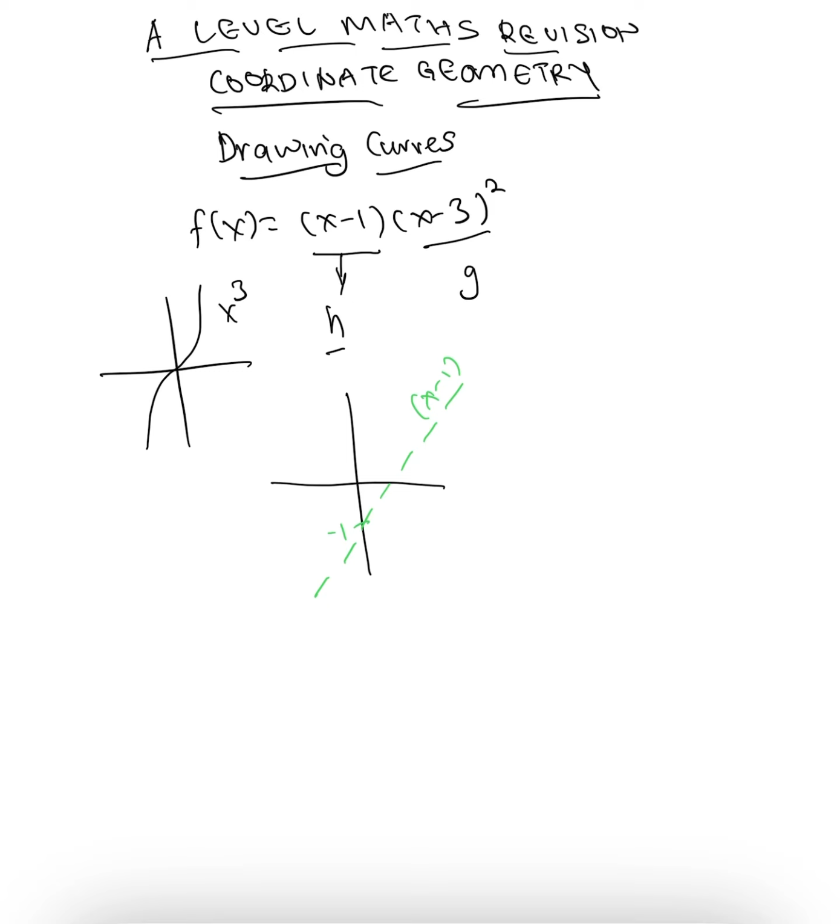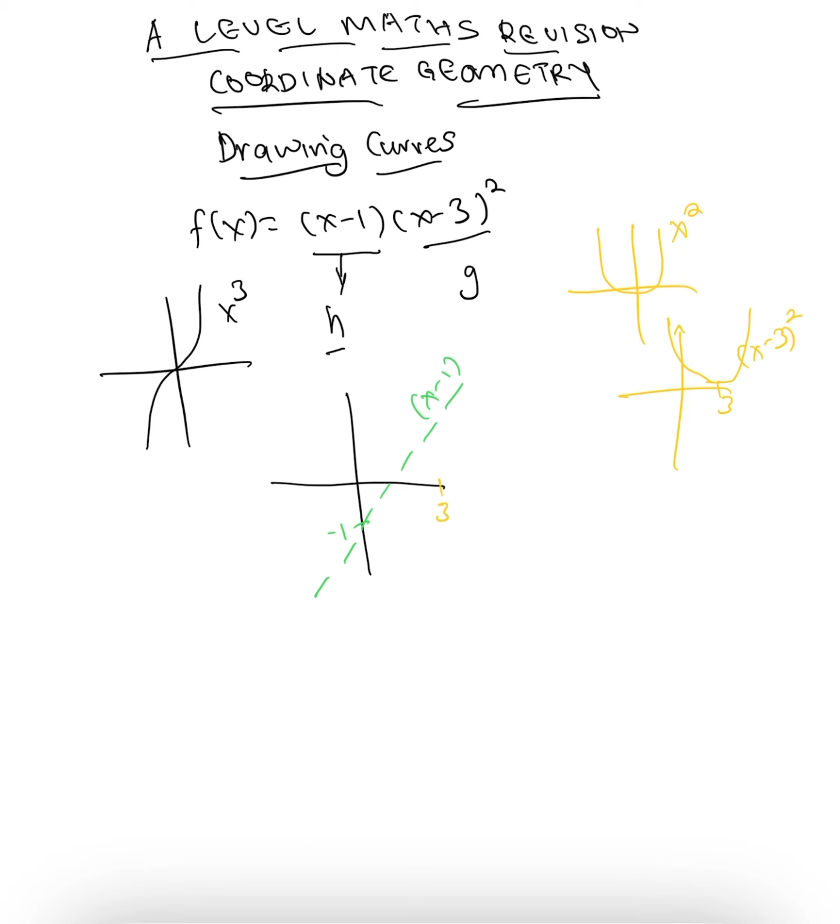Perfect. Now we've got (x minus 3) squared. This is a quadratic, right? And we know that quadratics just go through 0, 0. That is an x squared graph. So this is x squared. If I translate this to draw (x minus 3) squared, it would come here, positive 3. It will still go through there and have something like that. So this is (x minus 3) squared. And I will draw it on here.